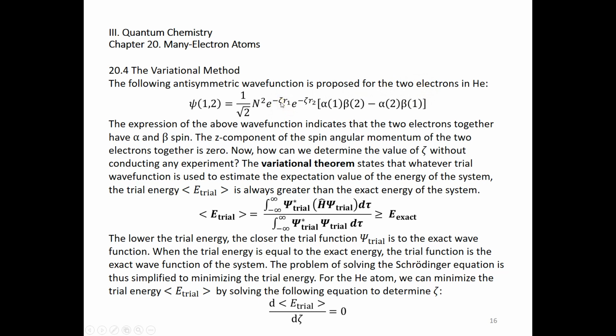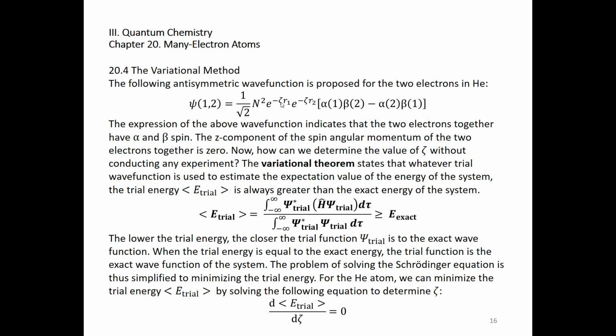Now let's determine the value of zeta. One way, of course, is to do the experiment. We just need to measure the amount of energy to remove both electrons from the helium atom, and that amount is 2.9 atomic units of energy. Then we can divide this 2.9 between these two electrons, so each electron has negative 2.9 over 2 of energy.